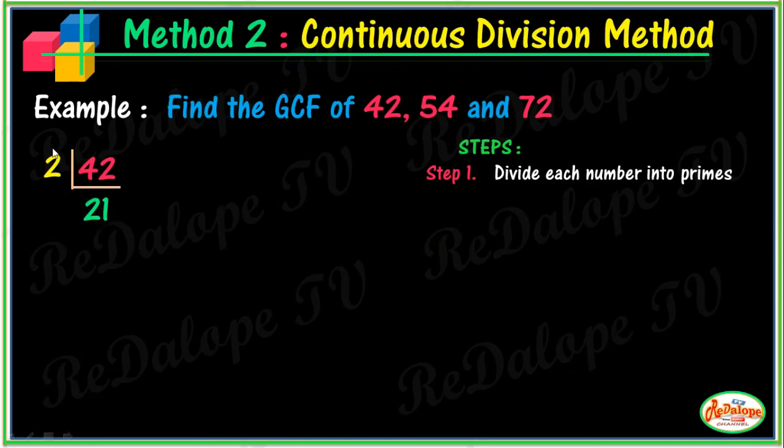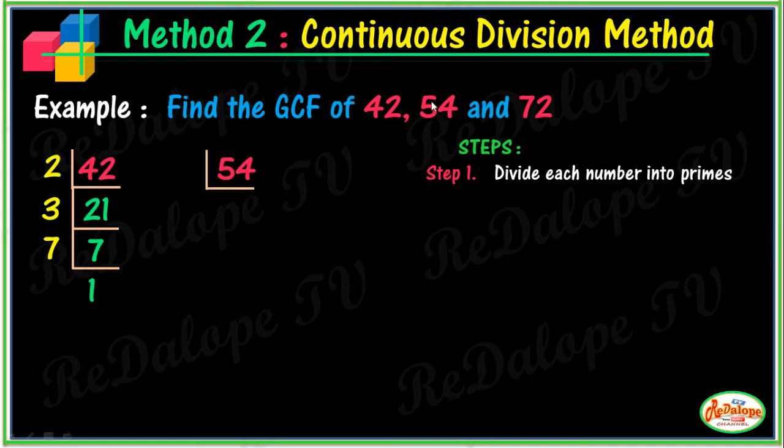So what follows prime number 2? That is prime number 3. So we divide this by 3. So 21 divided by 3, that is 7. 7 can be divided by the prime number itself, which is 7. So 7 divided by 7, so that is 1. Now if the quotient happens to be 1, then stop. So the different prime numbers now are 2, 3, 7.